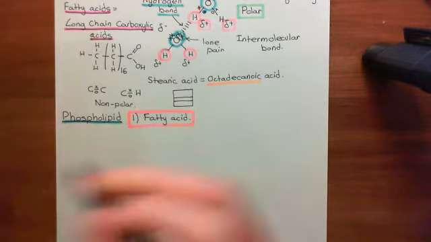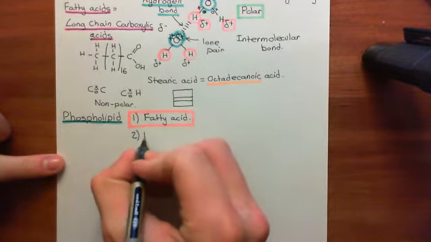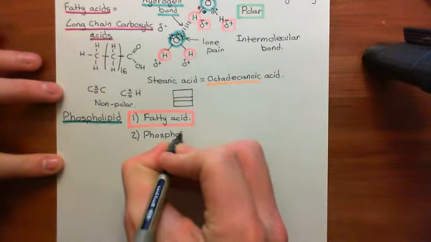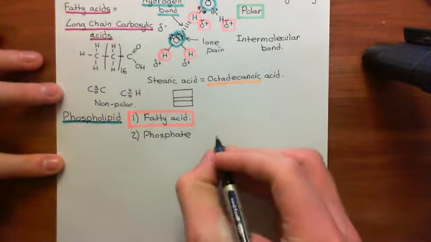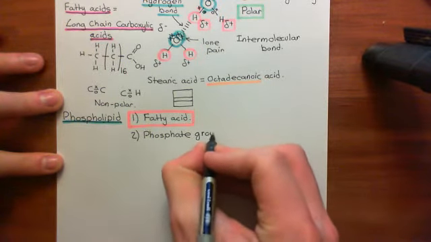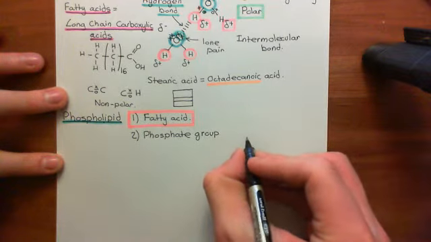And then number two. The other criterion is that you have to have a phosphate group within your structure. This is the phospho portion of phospholipid. So let me tell you about what a phosphate group is. Let me draw one of these here.